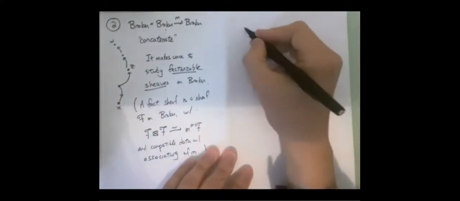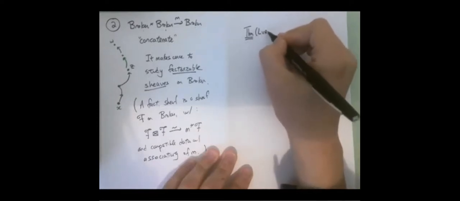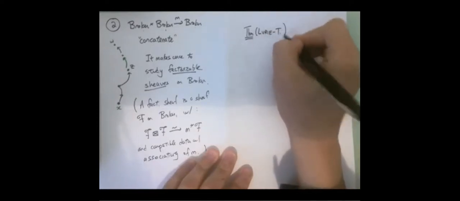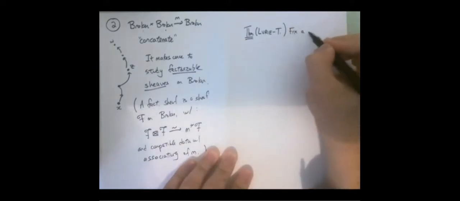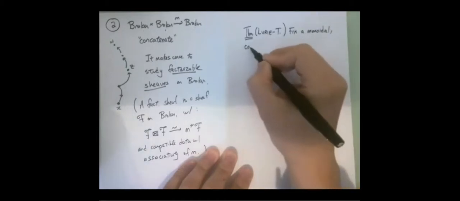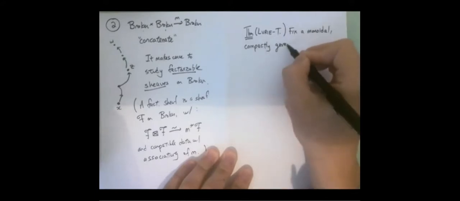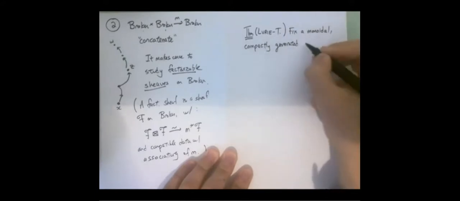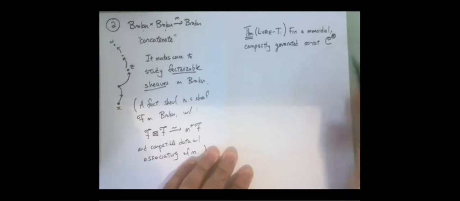So here's the theorem that Jacob and I put up on the archive a few years ago. Okay. So a fixed monoidal, compactly generated infinity category C. And to denote the monoidal structure on C, I will write tensor.